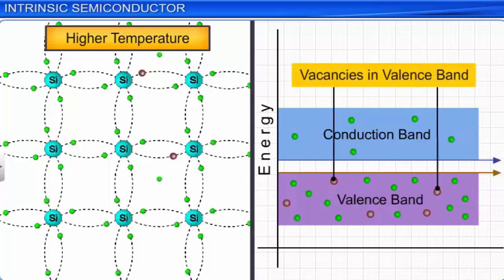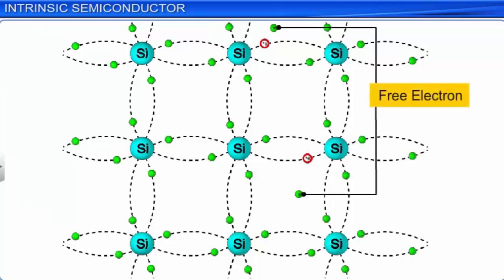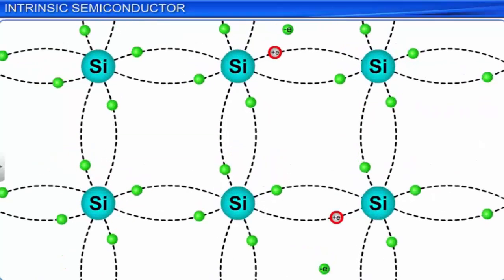This can be visualized as the breaking of a covalent bond, where an electron becomes free and leaves behind a vacancy in the covalent bond. An electron breaking away from a covalent bond takes away a unit negative charge with it, leaving behind a vacancy with an assumed unit positive charge.